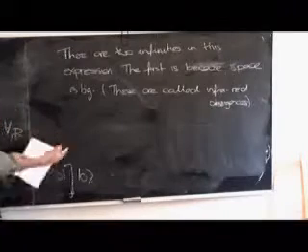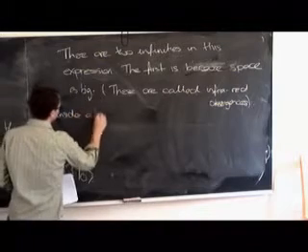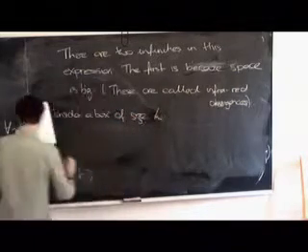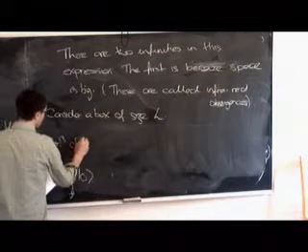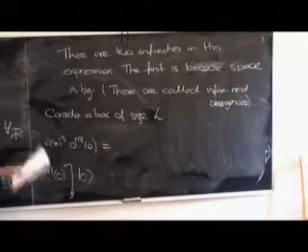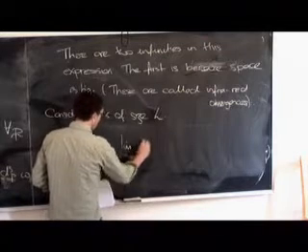Let's consider a box of size L. And let's look at the definition of this delta function in such a box. Well, eventually we're going to take our box to infinity.